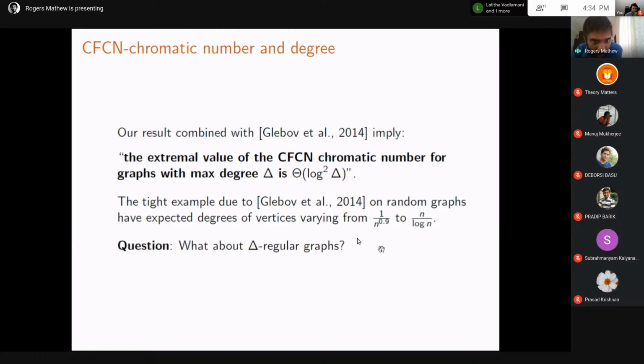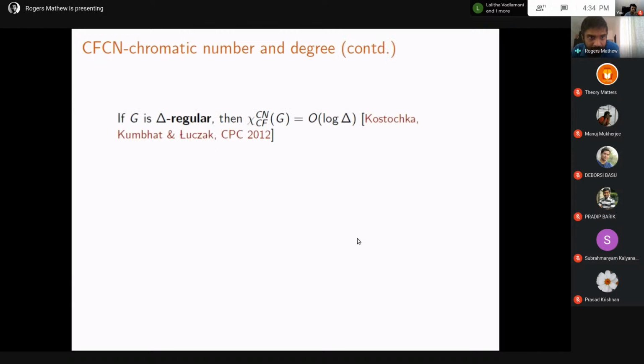So naturally you ask this question: what about graphs that are delta regular? Delta regular means that every vertex has degree delta. This was shown in 2012 by Kostochka, Kumbat, and Isaac. They showed that if the graph is delta regular, you can get an order of log delta bound.